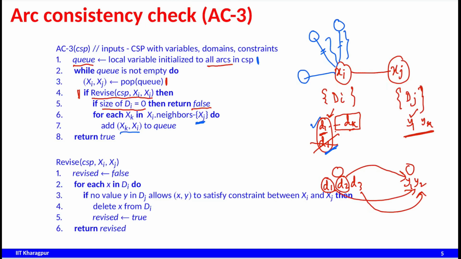So what we do is, for each x in di, if no value y in dj allows xy to satisfy the constraint between xi and xj, then only I delete x, make revise true, return that, and continue the AC3 process.